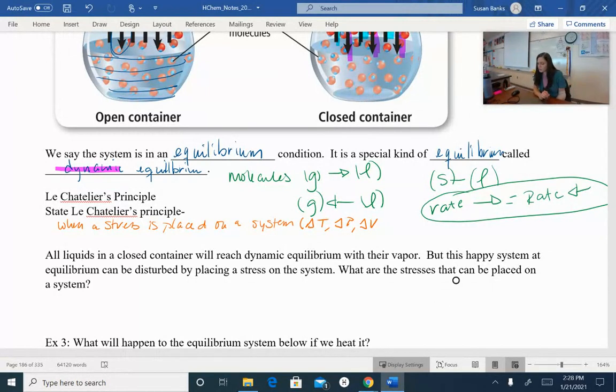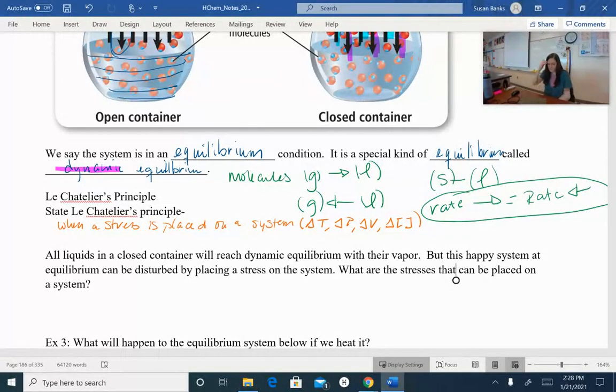Those are all stresses that we can put on this. We could even change the concentration, okay? Those are all things that we can do to stress a system.